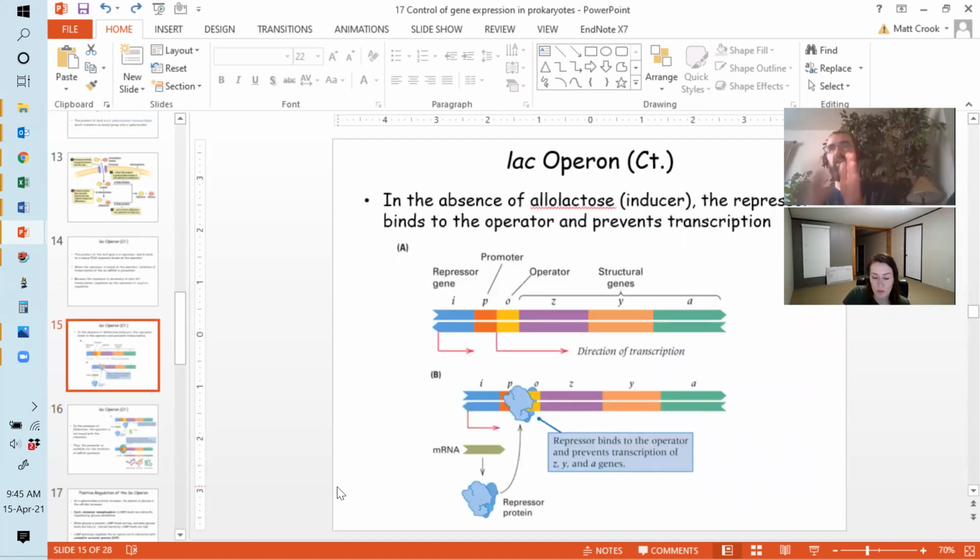So essentially it goes between different shapes. But when lactose is absent, it's in the correct conformation and it will go in and grab that DNA and bind to it, in the absence of lactose.